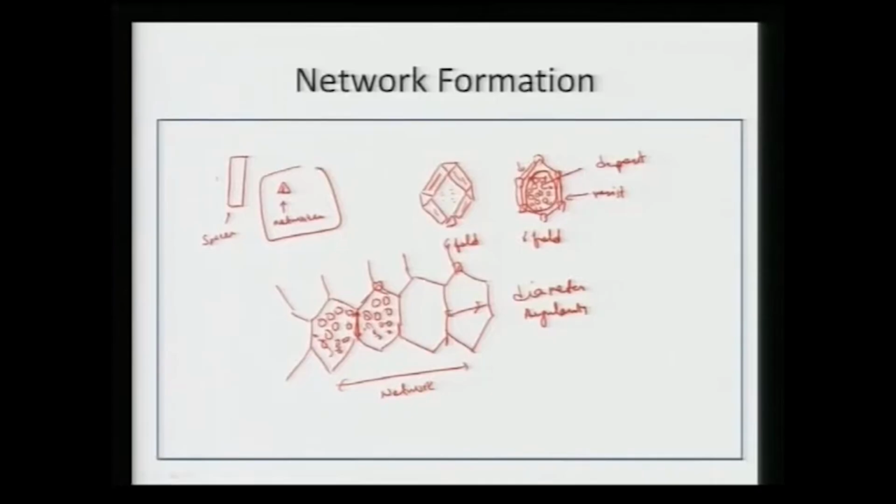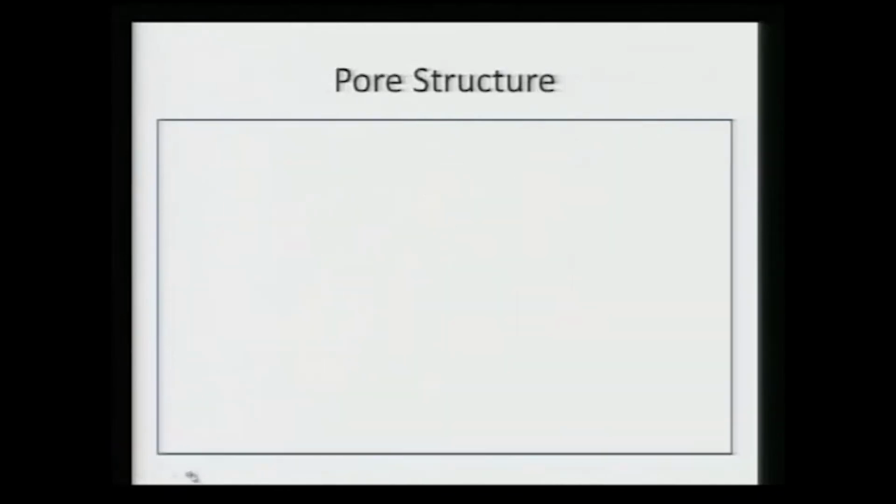From that we can achieve a network which is required for the formation of a nanostructure. Now, depending on that, we can also control the pore size. If we control the overall length of our spacer or the tail group, we can control the overall radius of the pore which can form.